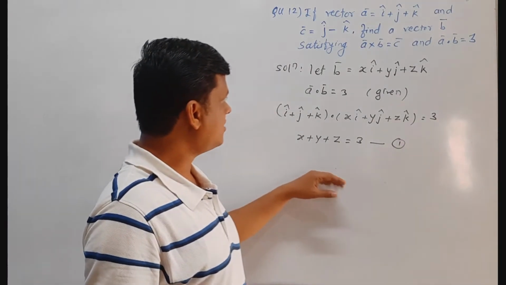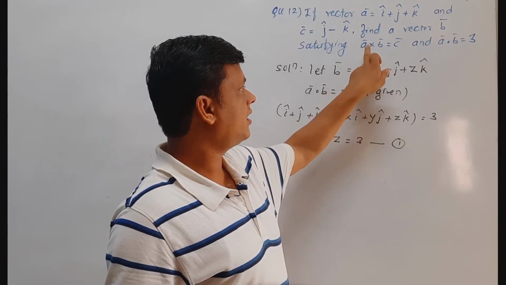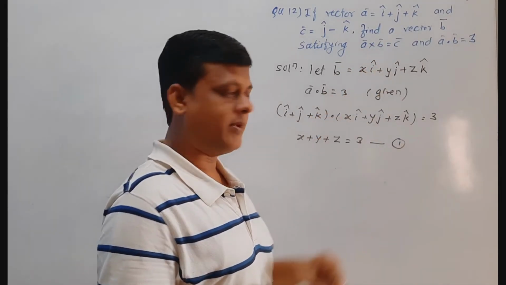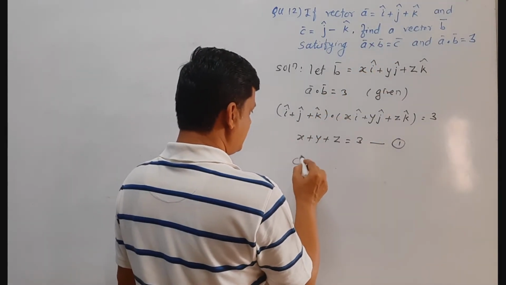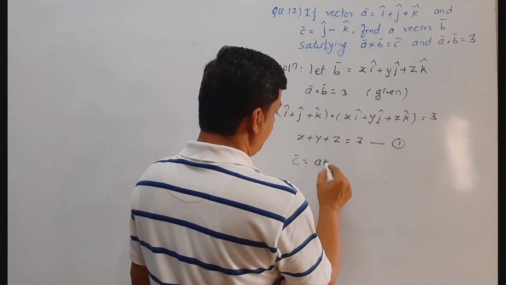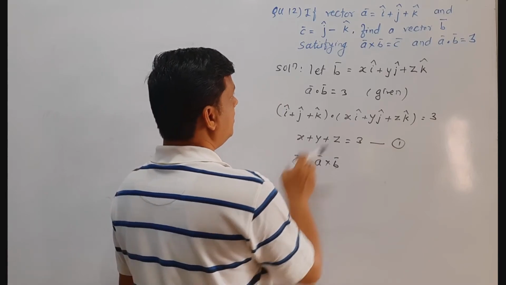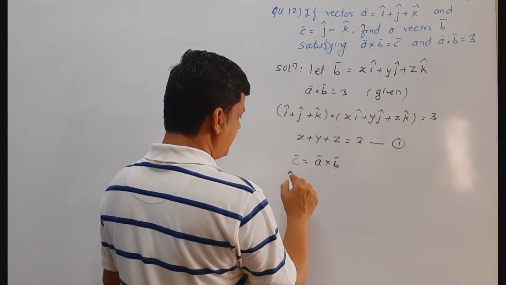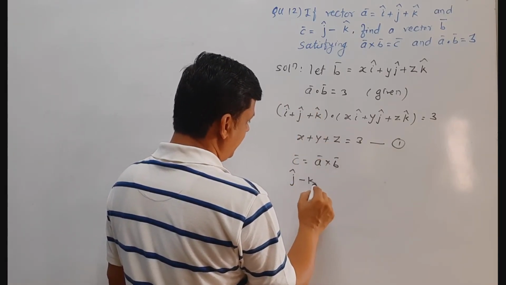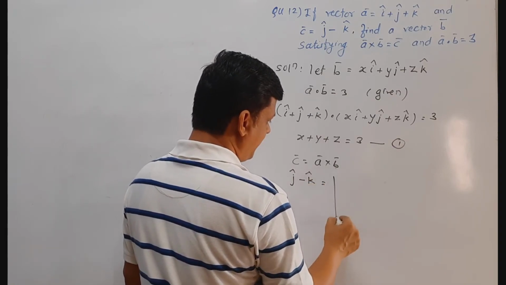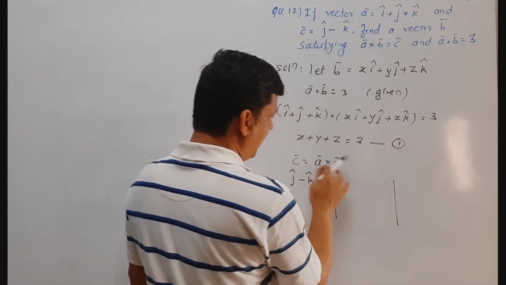Now we use the second condition, a bar cross b bar equals c bar. So we write this as c bar is equal to a bar cross b bar. Now substitute the value of vector c, which is j minus k, is equal to, now we have to find the value of a bar cross b bar.